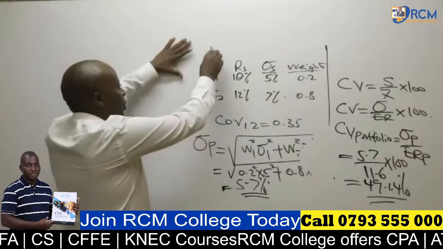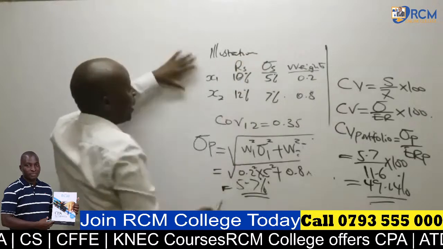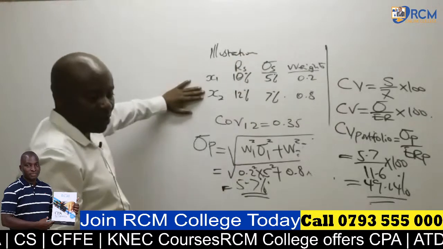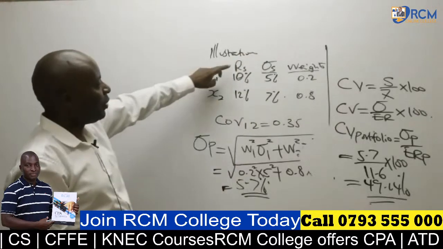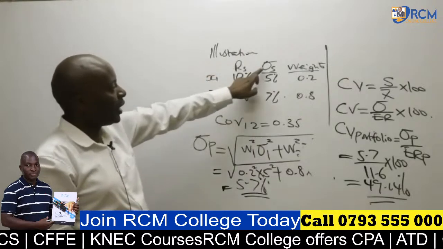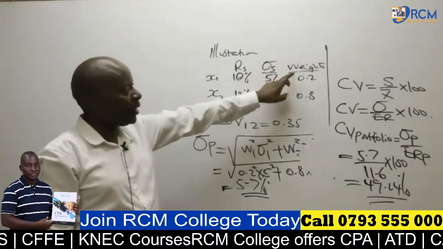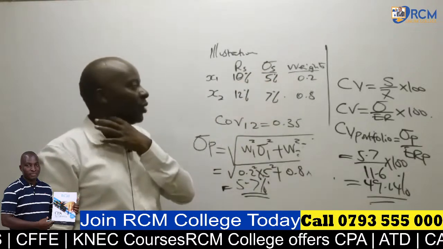Now, ladies and gentlemen, the question that I've just done is an illustration. We have two securities. They have given us the returns of each security, the standard deviation of each security, and the weights of each security.